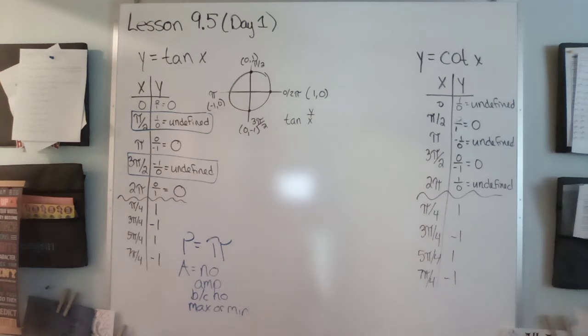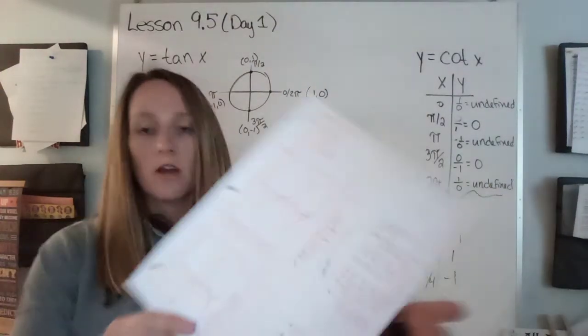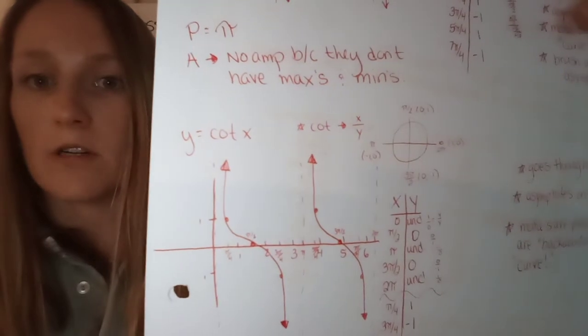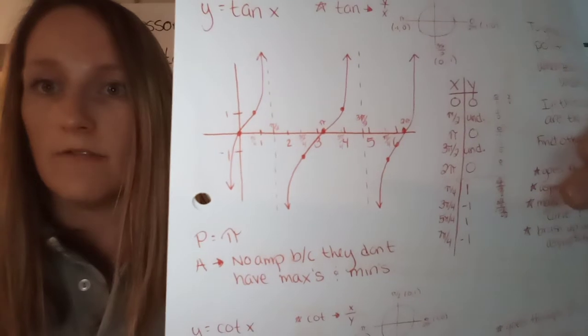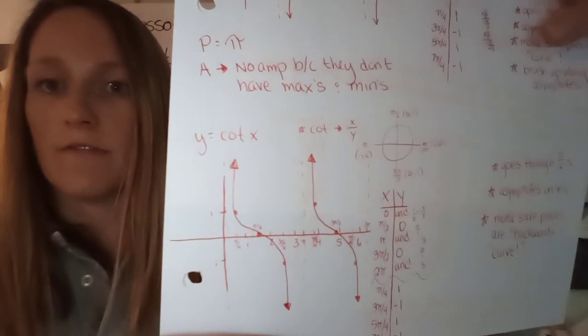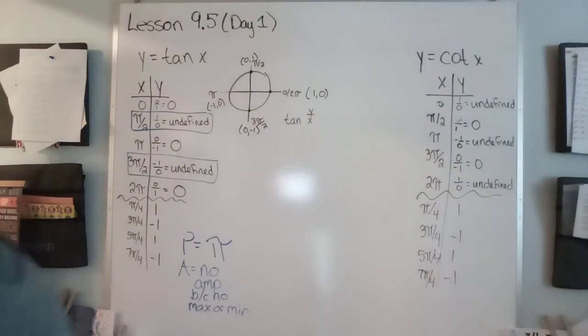So when you go to graph, I'm just going to show you the graph, because at this point I think you can do it. When you go to graph, they just look like they're backwards. They're just curved backwards. All right, so that is your tan function's graph, and this is your cotangent graph. Okay? All right, guys, we're going to move on to a transformation graph of tan.